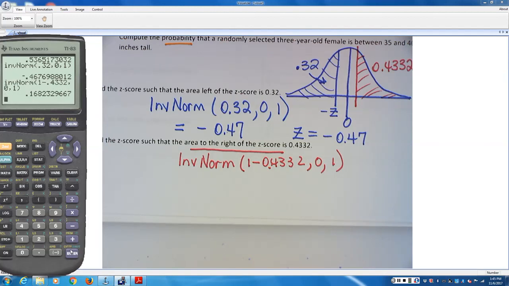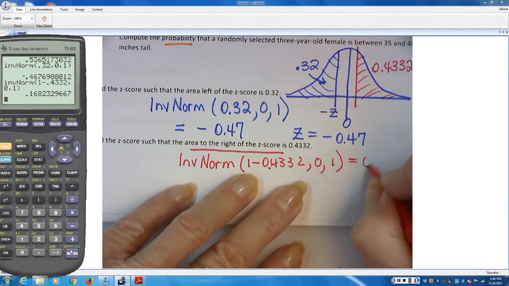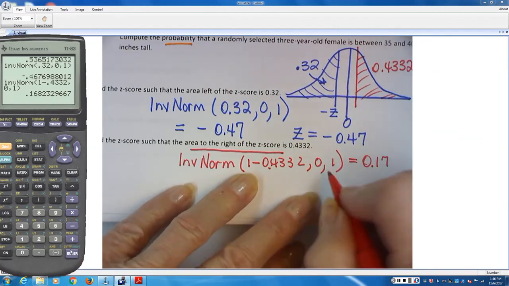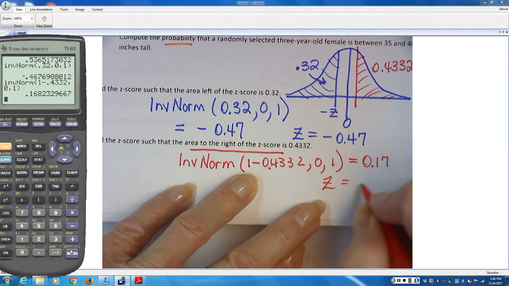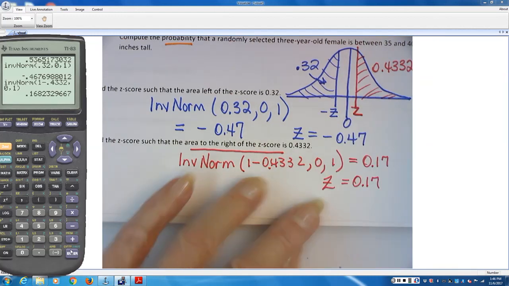And that z-score is positive 0.17. So that's that z-score right there.